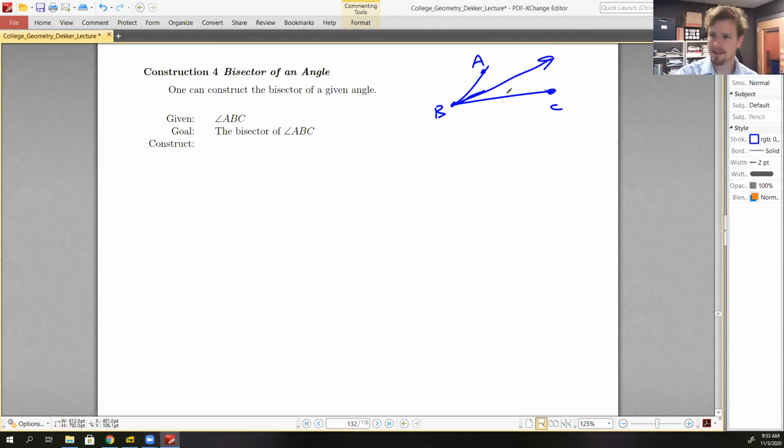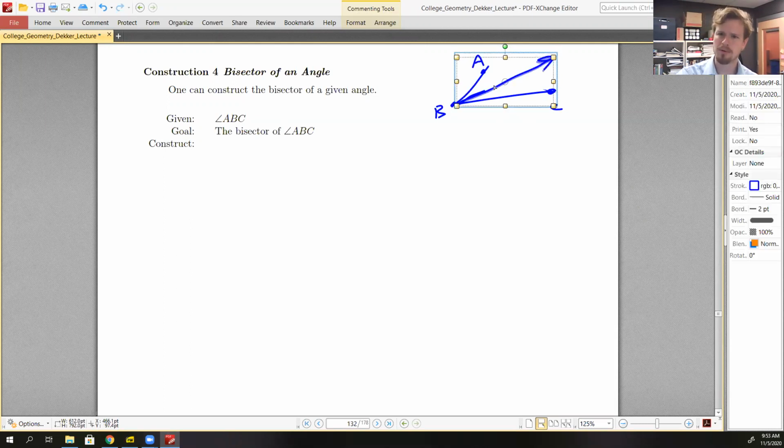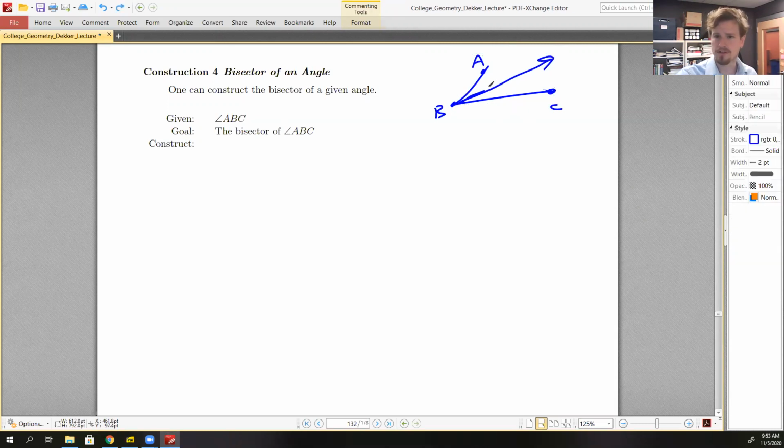Now, when it comes to the bisector of an angle, we've discussed a little bit before about what points on the bisector look like, or some of the characteristics. For example, we know that for a point on the bisector, it's equidistant from the sides of the angle. That gives us two congruent triangles.